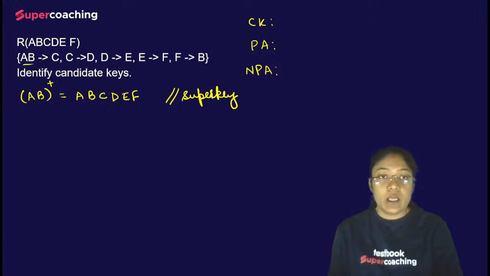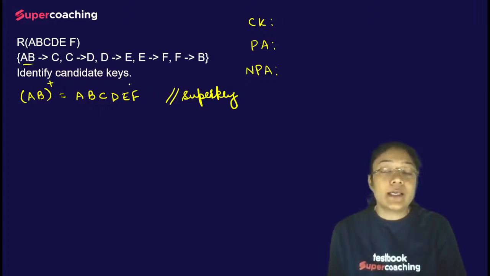Hurry up. This is because proper subset of AB is possible.